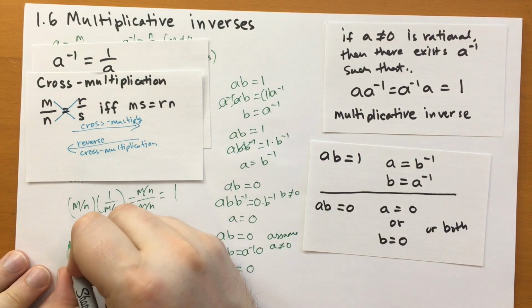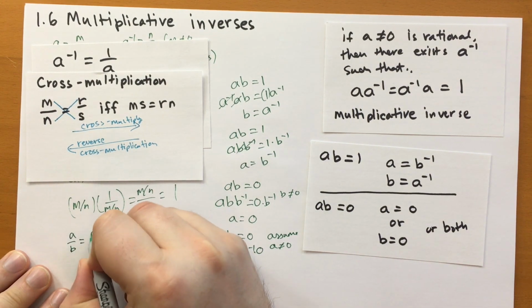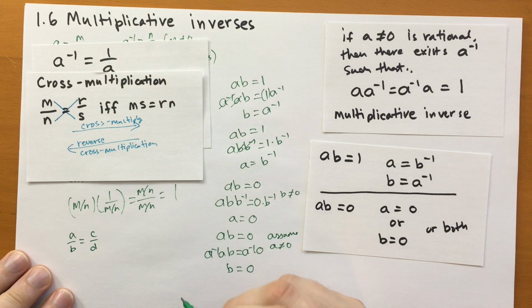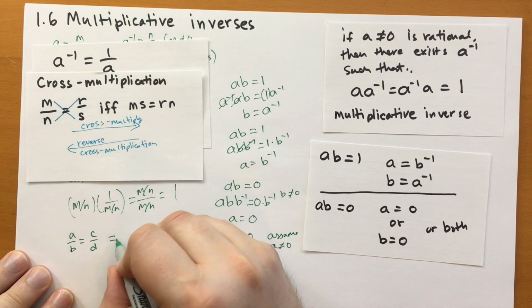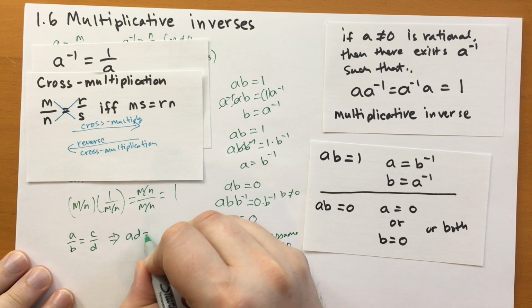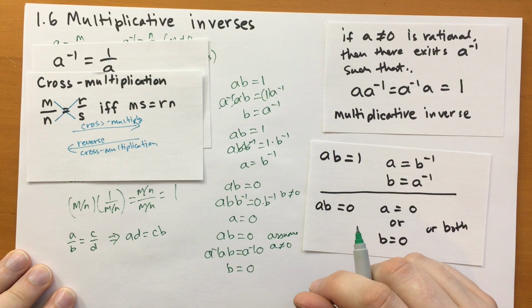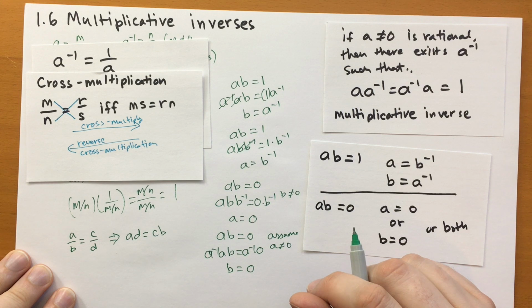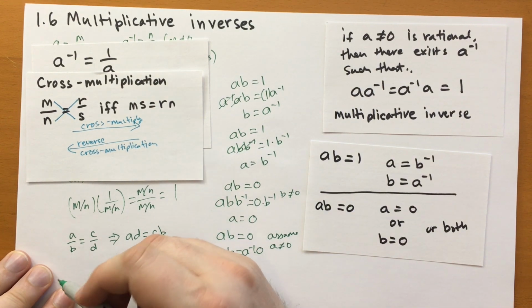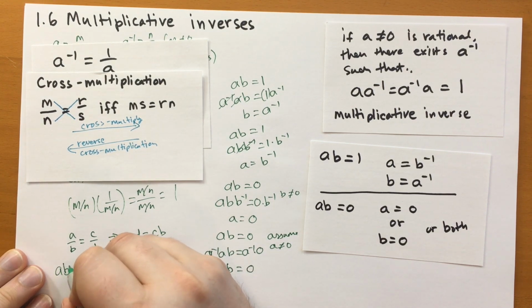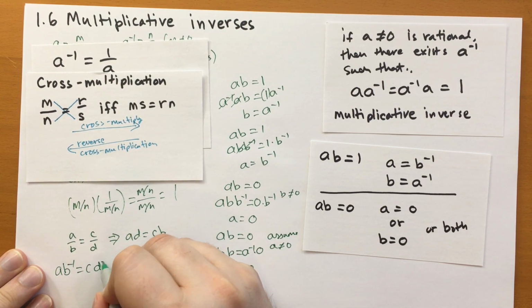So we have a over b equals c over d, and this implies that AD is equal to CB. So we can rewrite this relationship a over b equals c over d as a times b to the minus 1 is equal to c times d to the minus 1.